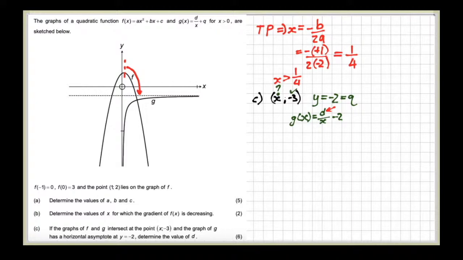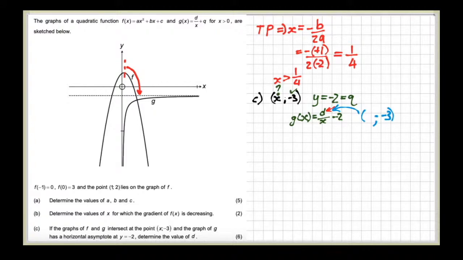That's because it is a hyperbola in the 2nd and 4th quadrant. I don't really know anything more. So I need a set of coordinates that I can use to calculate that missing value. So to get d, I need a set of coordinates. Well, I do have that y is equal to -3. Do I have an x value?